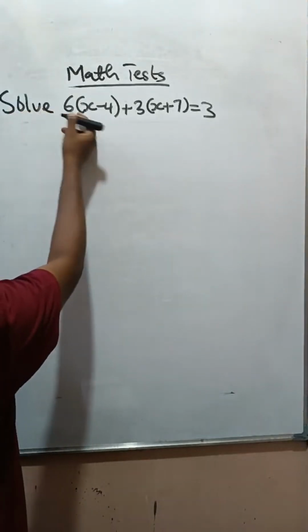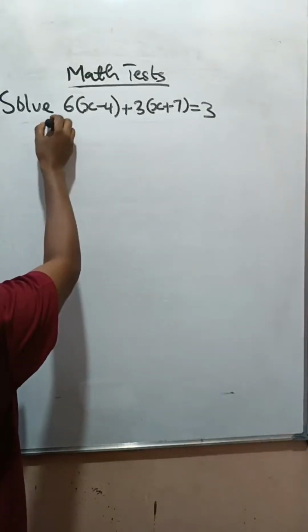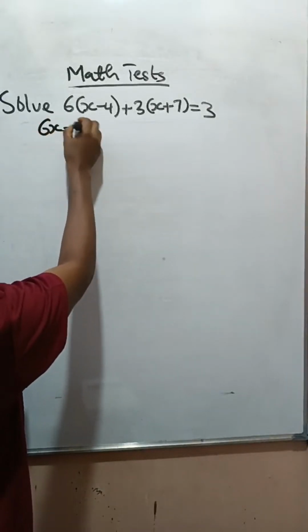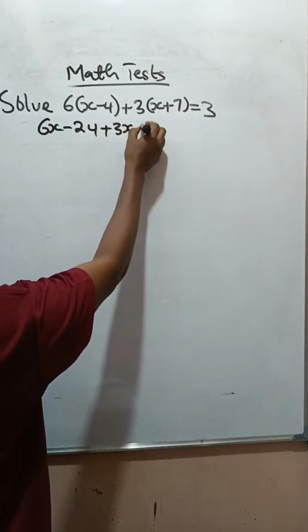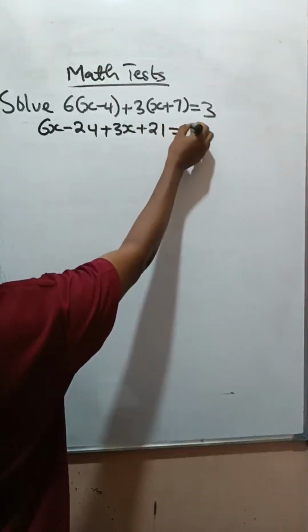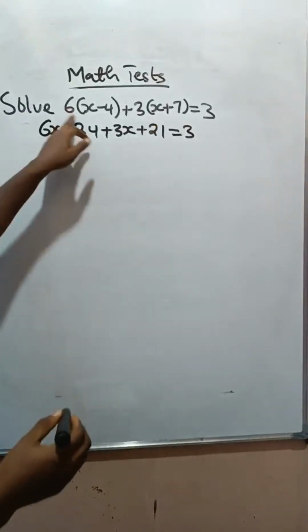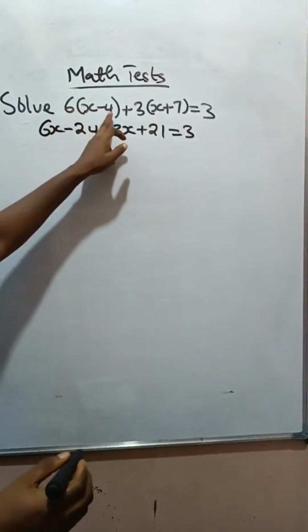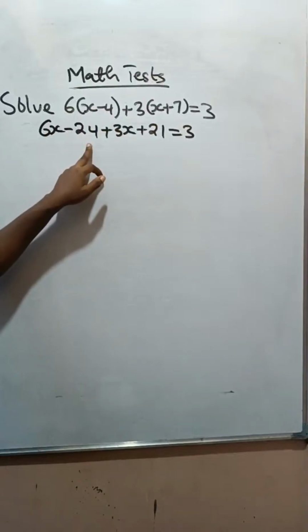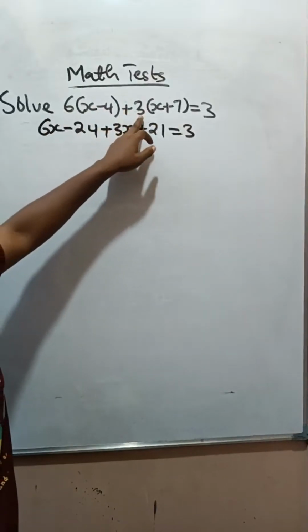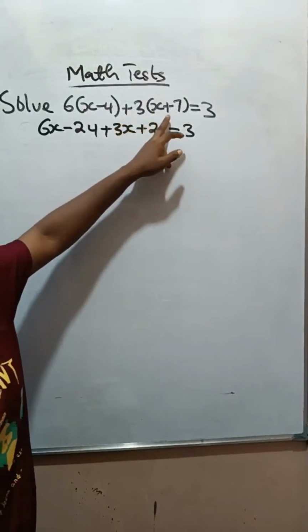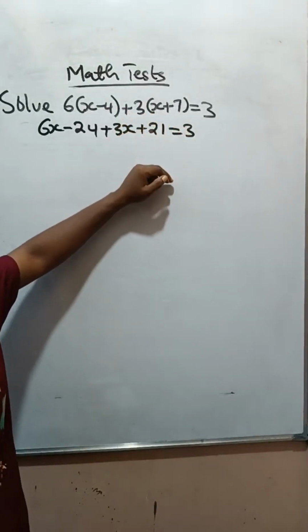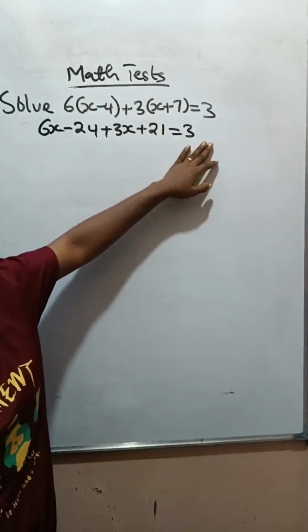If we expand, we have 6x minus 24 plus 3x plus 21 is equal to 3. 6 times x is 6x. 6 times minus 4 is minus 24. Plus 3 times x is plus 3x. And plus 3 times plus 7 is plus 21 is equal to 3.